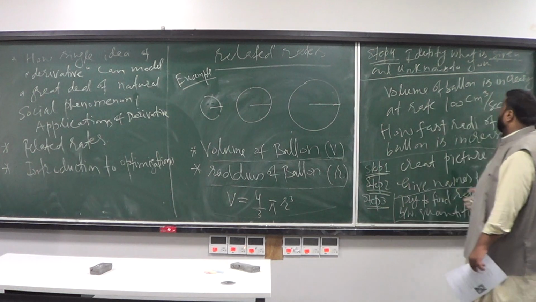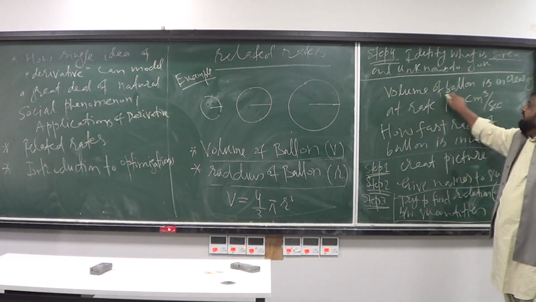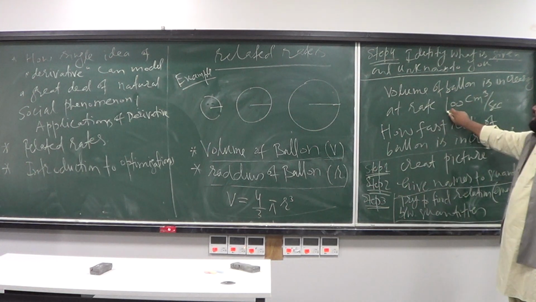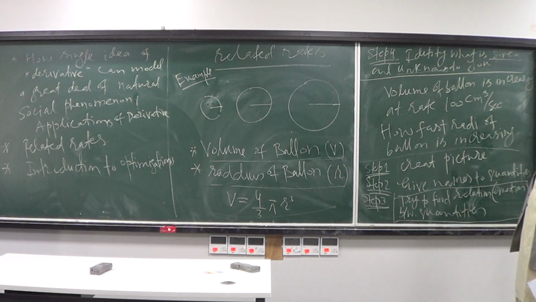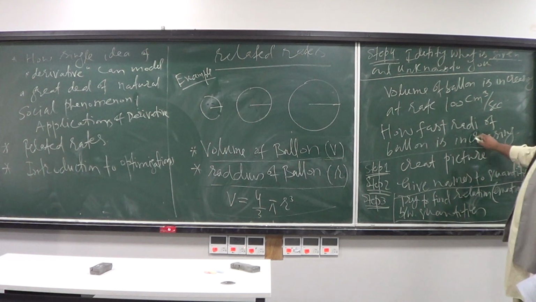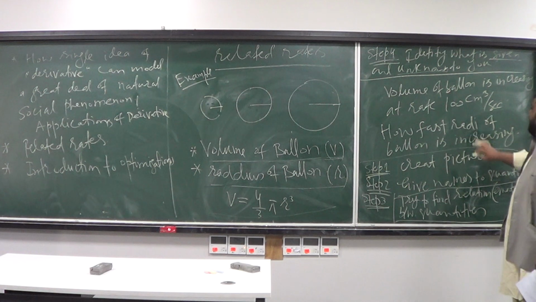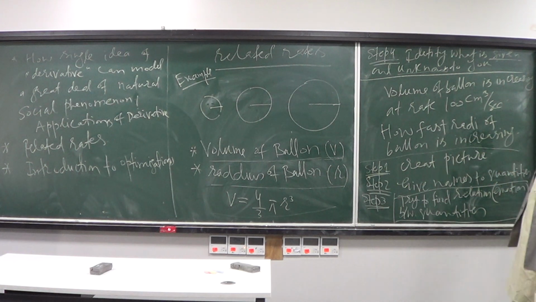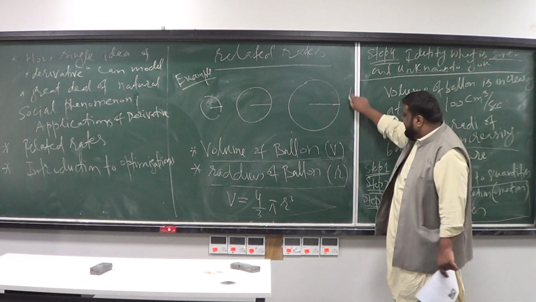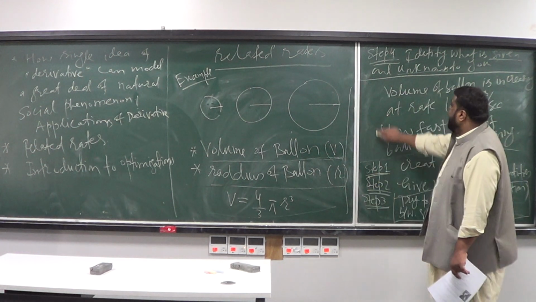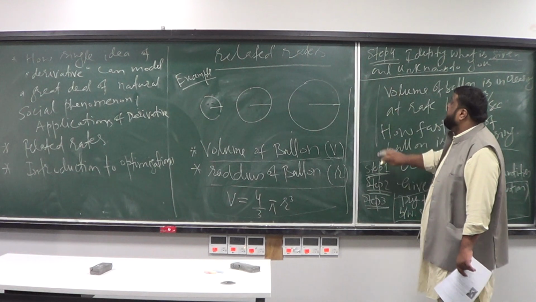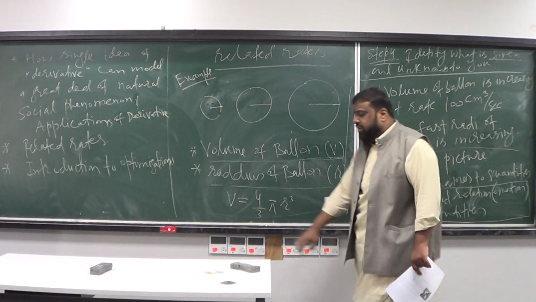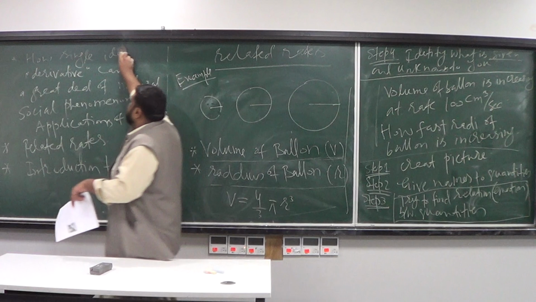Further, it is also given that the volume of the balloon is increasing at the rate of 1000 cubic centimeters per second. What we need to find is how fast the radius of the balloon is increasing. So this is like 3 steps, and now this piece of information should be translated into step number 4.